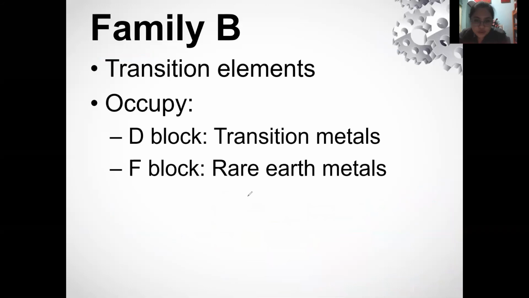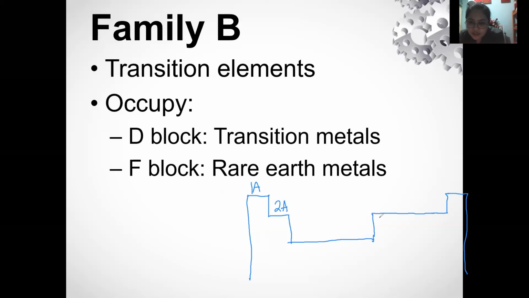I would like to draw a periodic table again. Ayan. Then you have here 1A, 2A. Meron kang transition metal sa gitna. Then you have boron, carbon, nitrogen, oxygen, fluorine. And then you have helium and then argon.